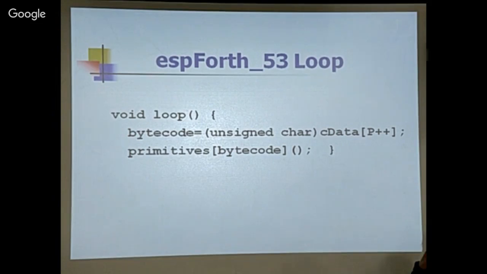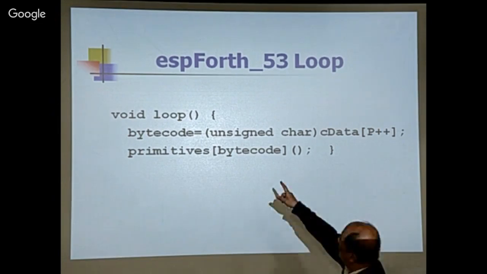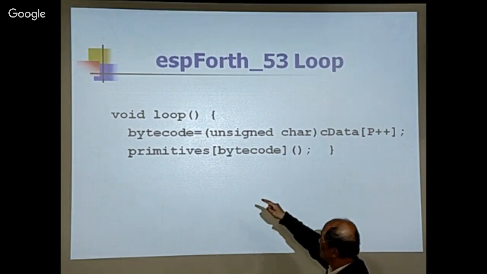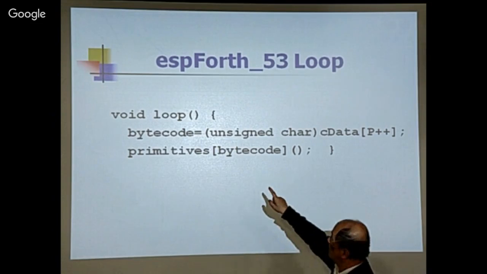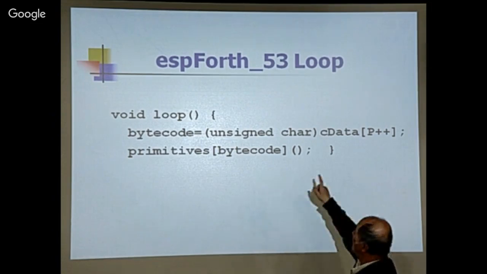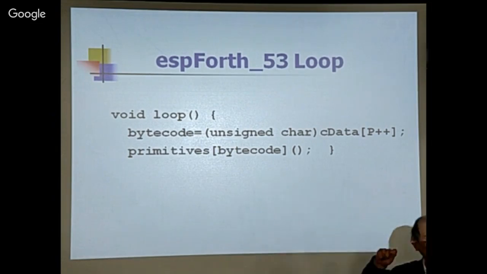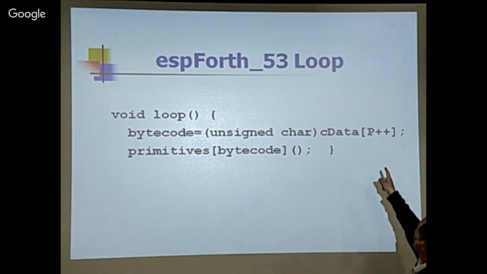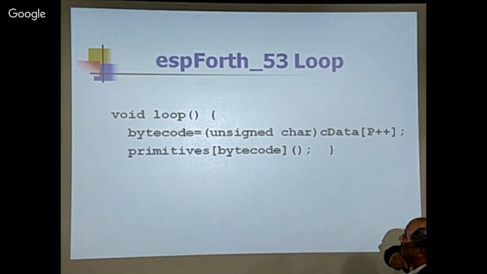What the entire Forth virtual machine is really doing is simply this: it fetches one byte from the Forth virtual memory, pointed to by P, and then executes the C code assigned to that bytecode.